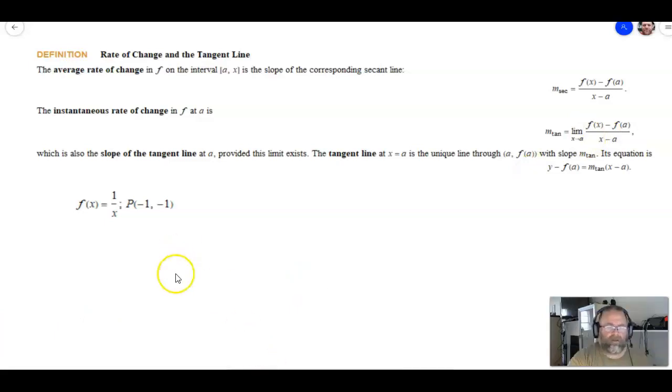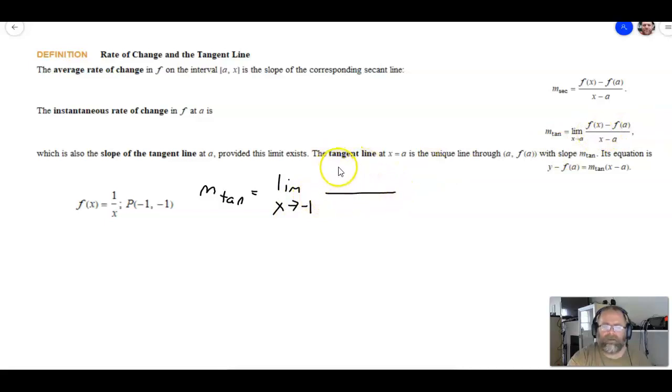All right, so what we're going to do here is set this up in the definition. So this is m, the slope of the tangent line, equal to the limit as x approaches, in our case, -1. And then we're going to put everything up here.